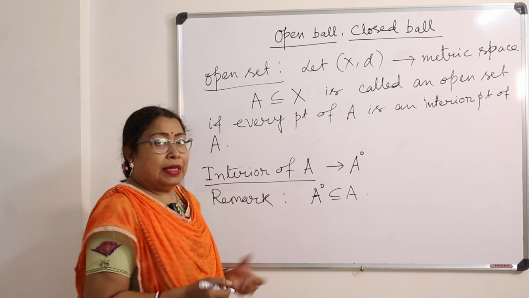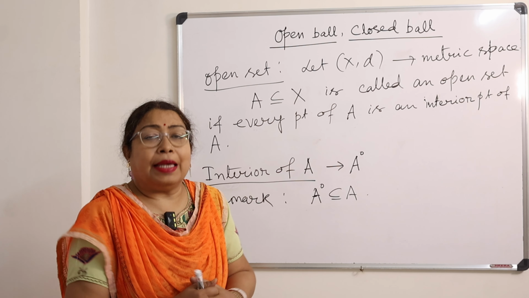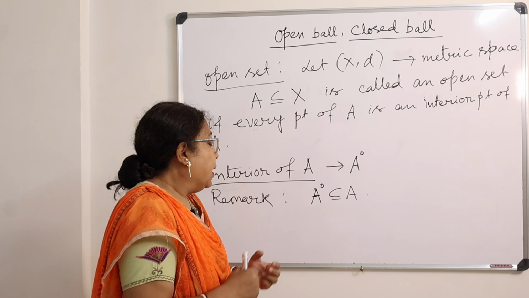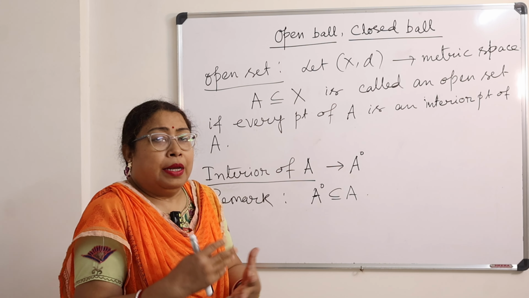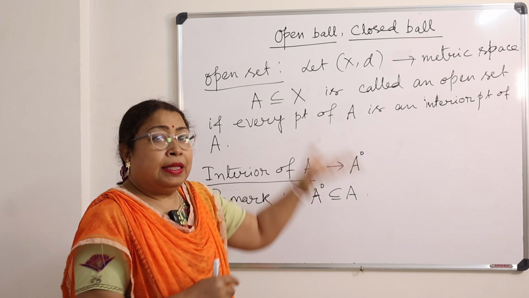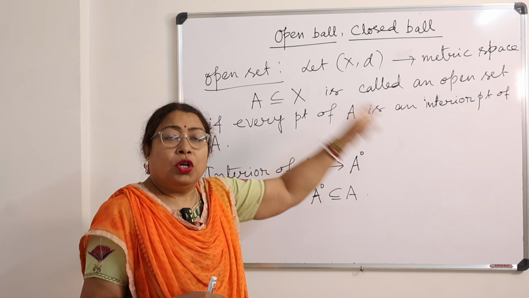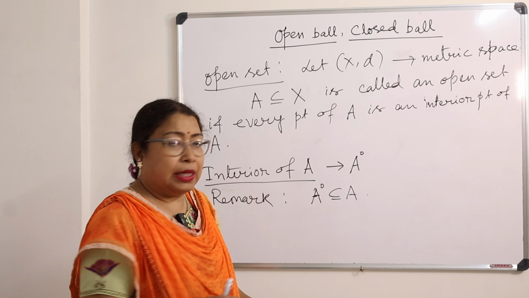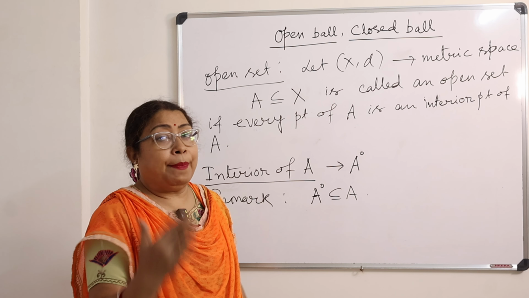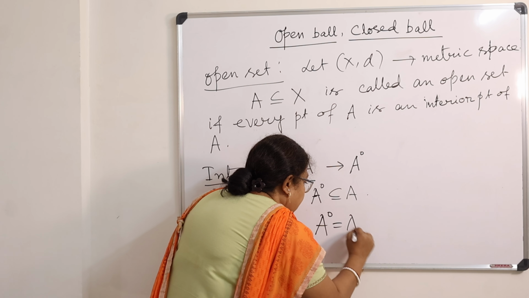Another thing, obviously, if we collect all interior points of a set, then this set is a subset of the given set. That is, the set of all interior points of the set, say capital A, is a subset of capital A. This set is known as interior of A and denoted by A naught. Obviously, from our discussion, we realize that A naught is a subset of capital A. When capital A becomes an open set, then we get the equality.